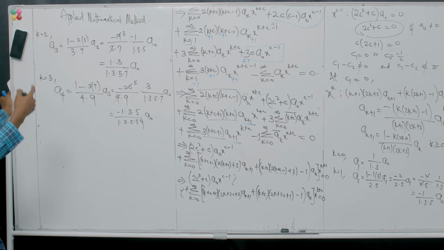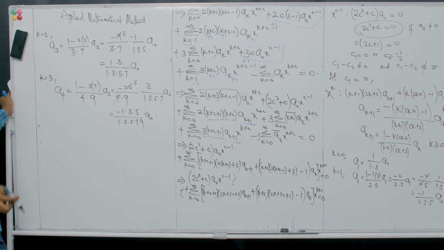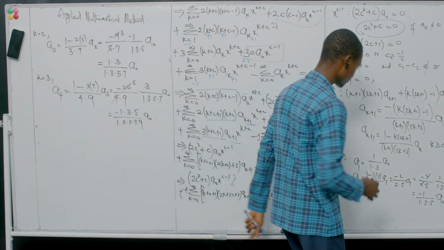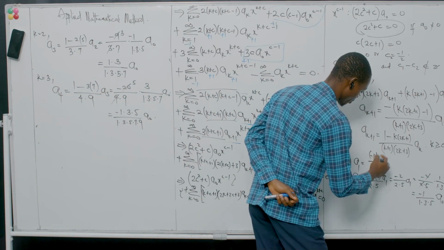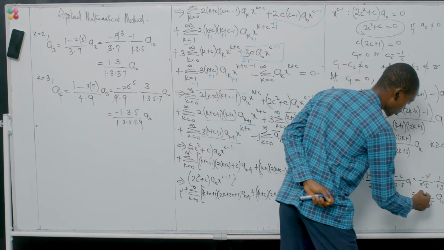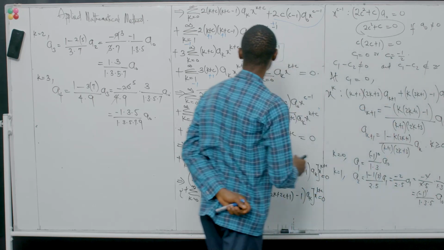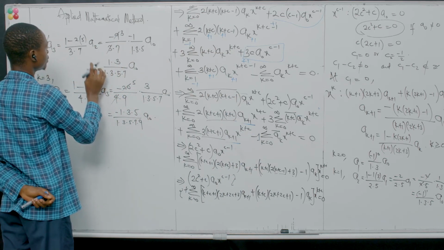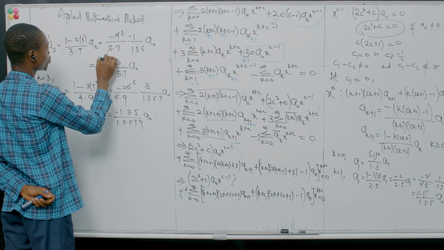Now let's try to rewrite this minus sign that is moving on. We started from a positive to a negative. So you can say this is minus 1 raised to power 0. This is minus 1 raised to power 1. This is minus 1 raised to power 2.